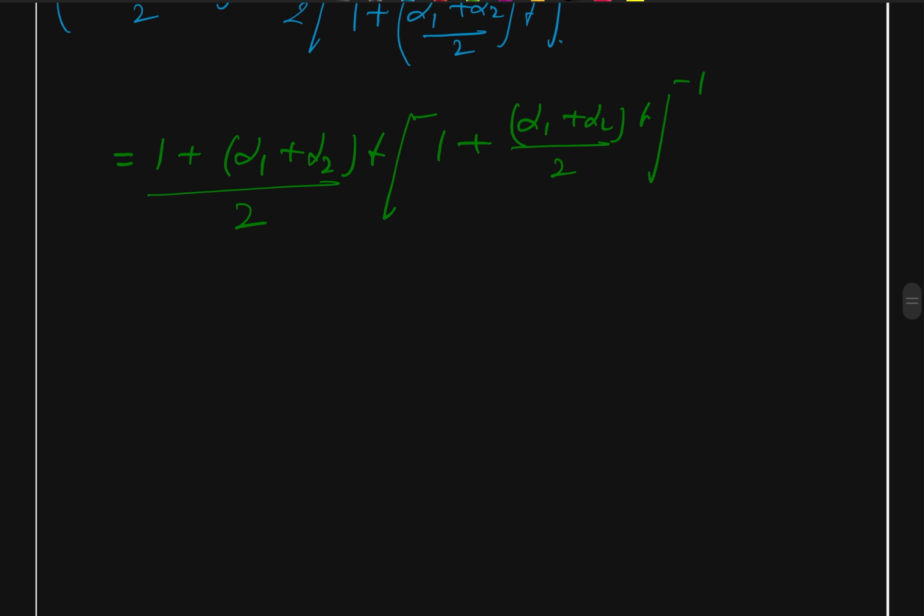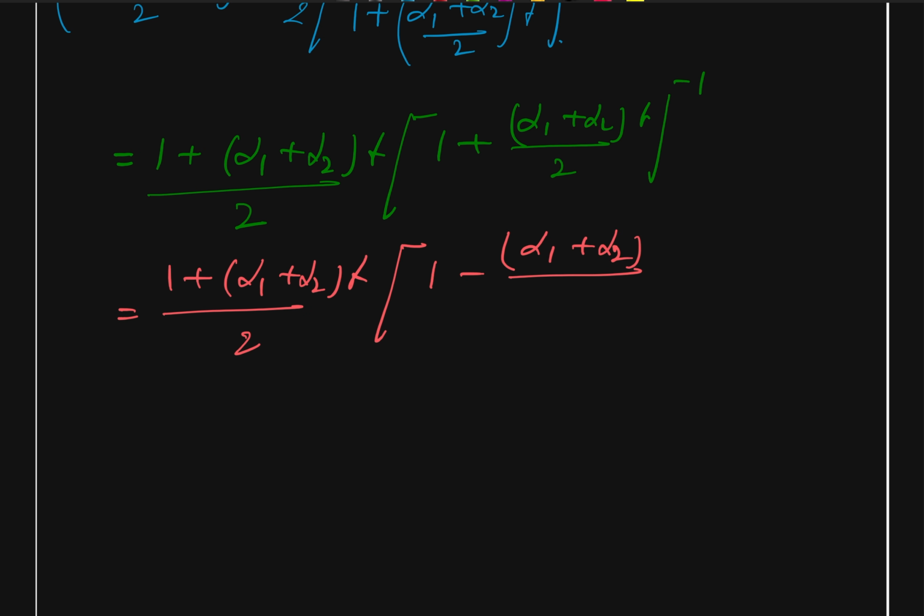So we open it binomially and we get 1 minus alpha 1 plus alpha 2 times T divided by 2, and higher order terms we are going to neglect.